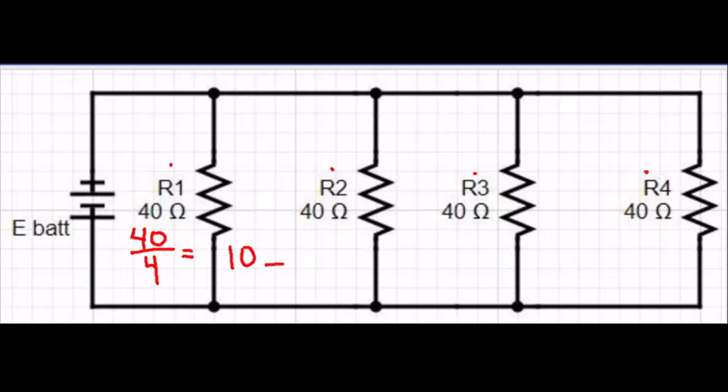So we want to come up with an answer that gives us a single 10 ohm resistor. So let's see if that works. Again, we are going to be taking the size of the resistor and we're going to be dividing it by the number of resistors, and that's going to be the equivalent.